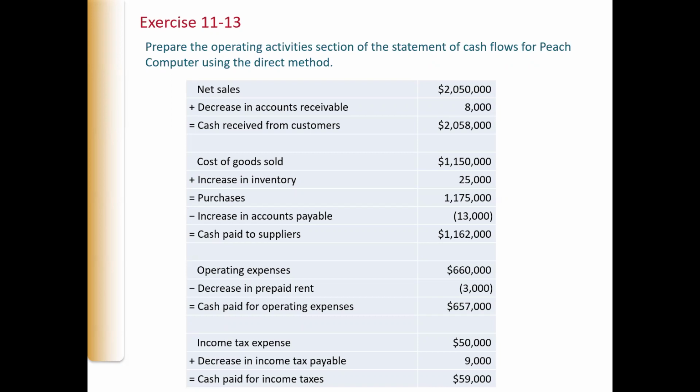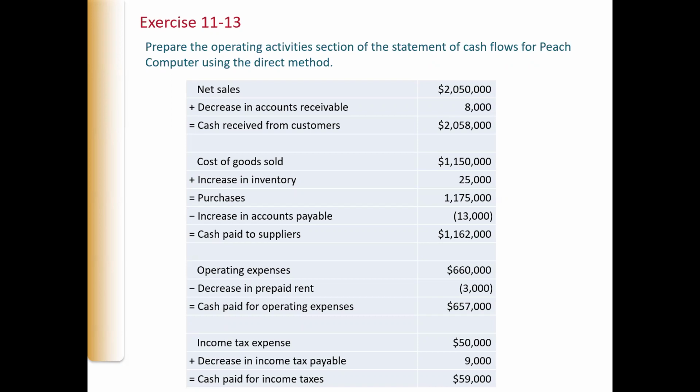Look at how we do our cost of goods sold. The cost of goods sold, if we add our increase in inventory, we come up with purchases. Then we subtract our increase in accounts payable to come up with cash paid to suppliers.